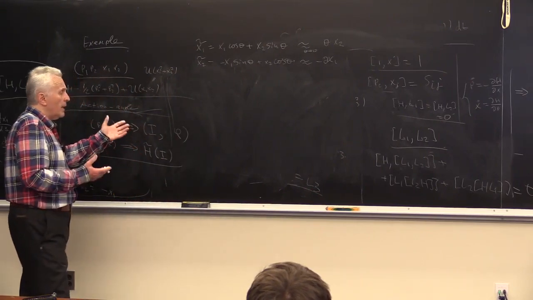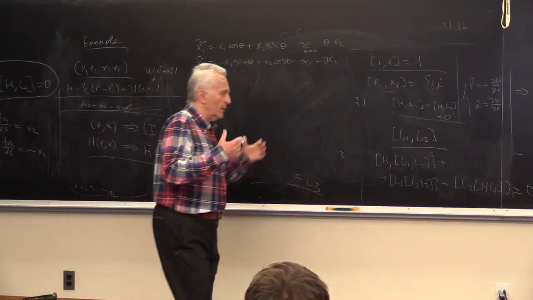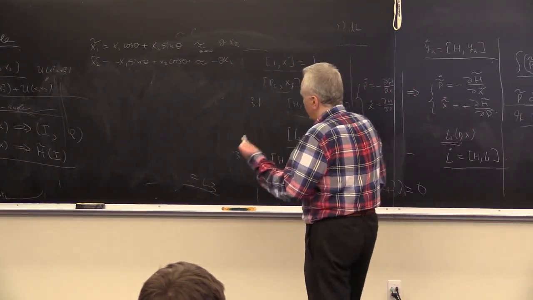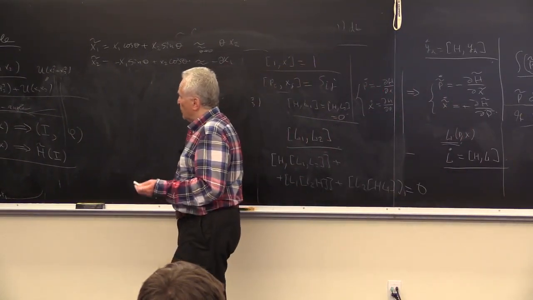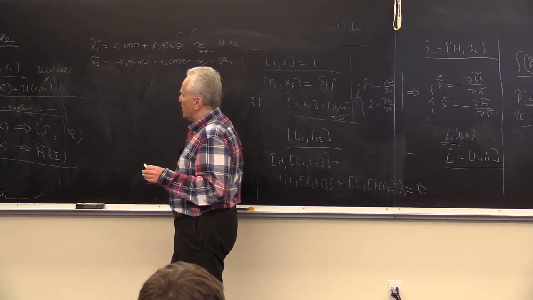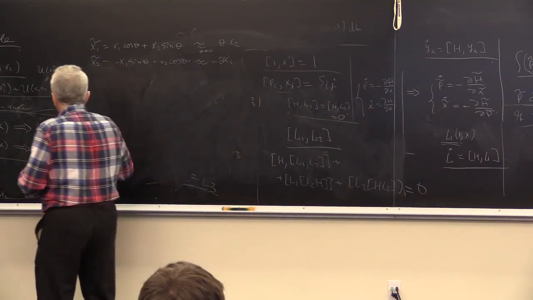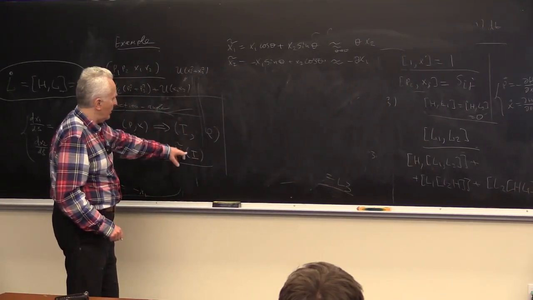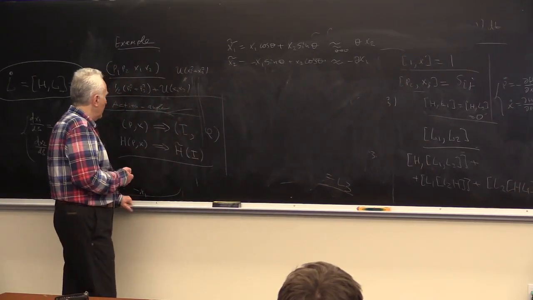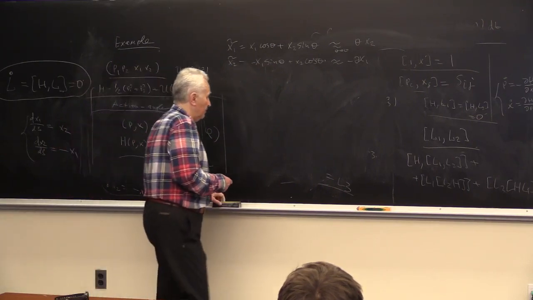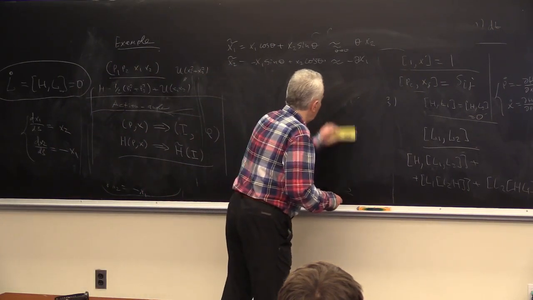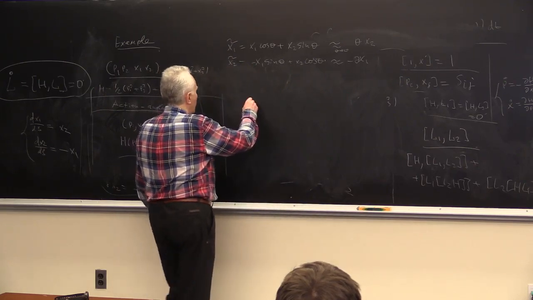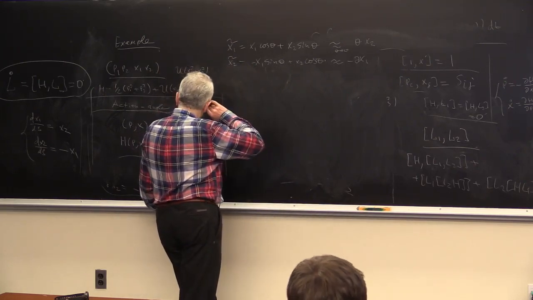So action angle variables are just canonical variables with the same Poisson brackets, but such that your Hamiltonian depends only on momenta. It's a canonical momentum, so it depends only on momenta. We can try to do it first for a simple example.